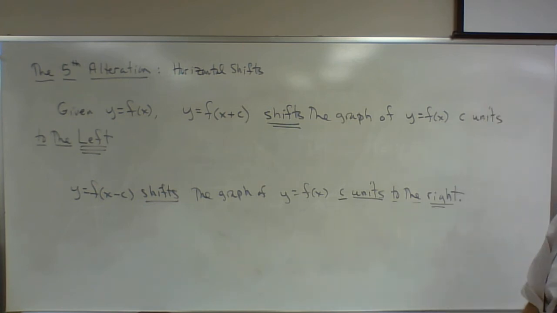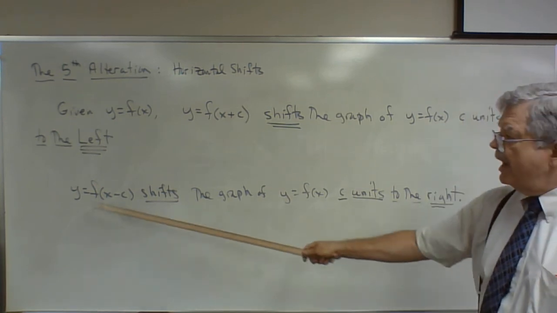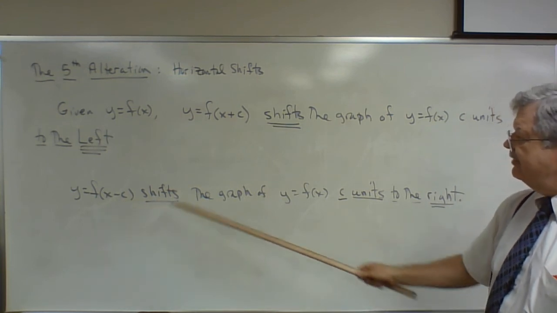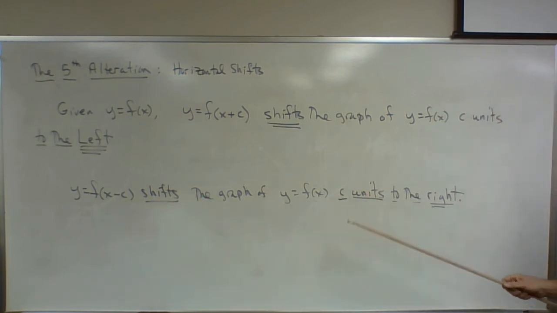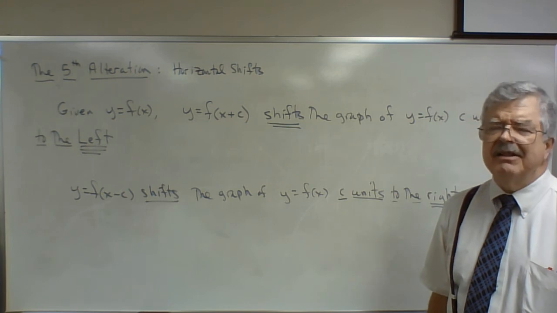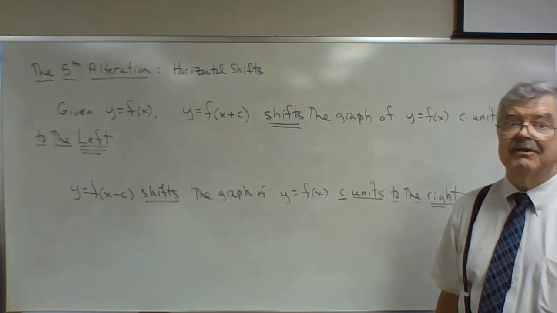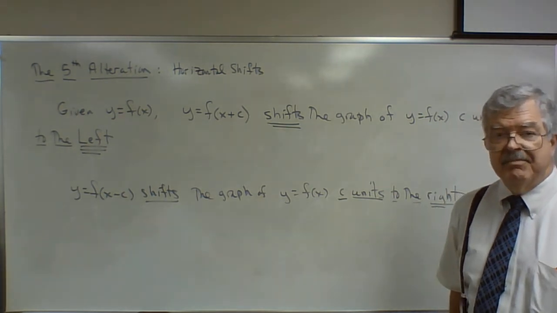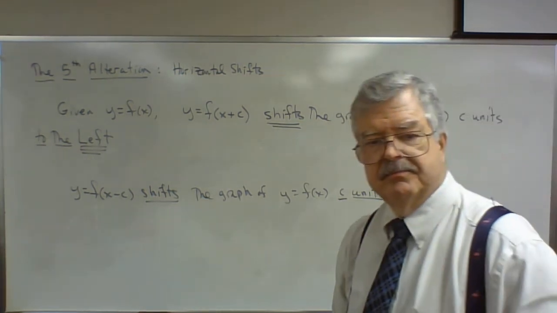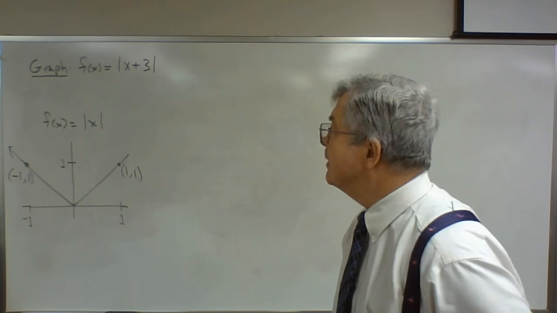There it is. y equals f of x minus c shifts the graph of y equals f of x c units to the right. It sort of does exactly the opposite of what we'd expect it to do. Let's look at some examples.